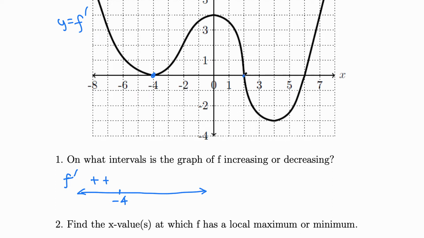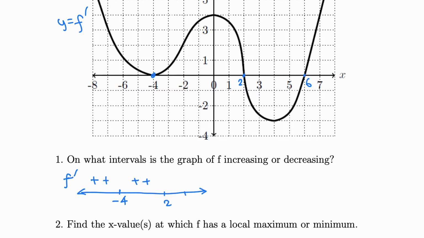Again it's 0 here, at 2. So at 2 the derivative is 0, but in between -4 and 2 it is still above the x-axis, so still positive. And there's one more, 6.